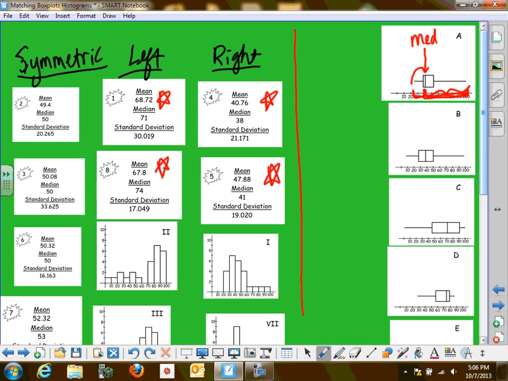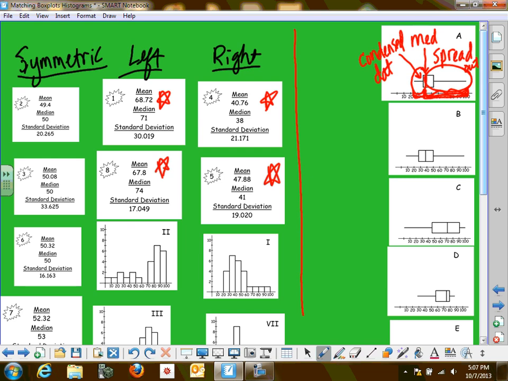So this section right here has much more condensed data, so I would have taller histograms. This section is more spread out, more varied, so I'm going to have smaller histogram values there.